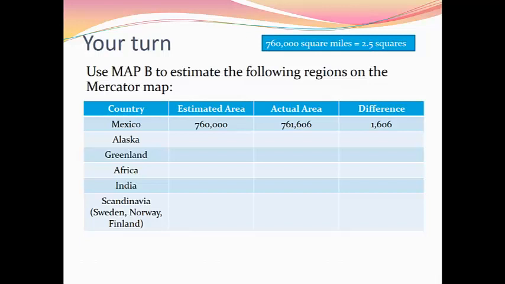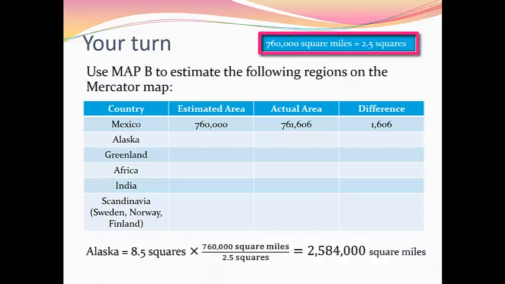Just how we did this before. For Alaska, for example, you'll look at Map B and count the number of squares that you think cover the state of Alaska. When I did this, I thought Alaska was about 8.5 squares. Then use our unit conversion, which is that 760,000 square miles represents about 2.5 squares.